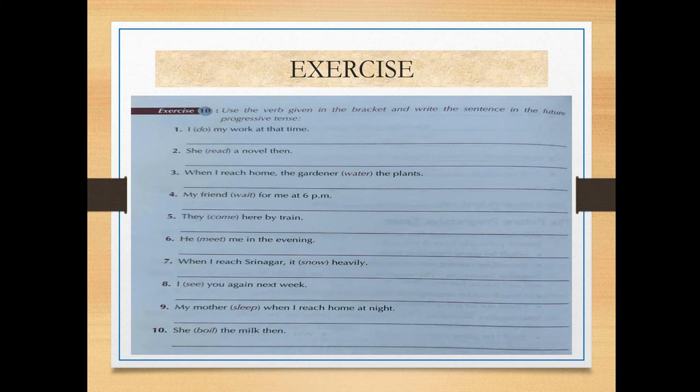She shall be boiling the milk then. Right, children? So, this is the exercise related to future progressive tense. I hope the formation, the uses and the exercise related to it are clear to you.